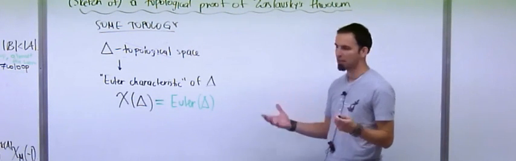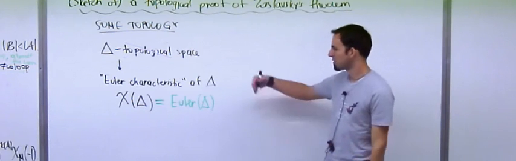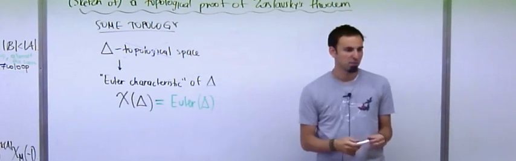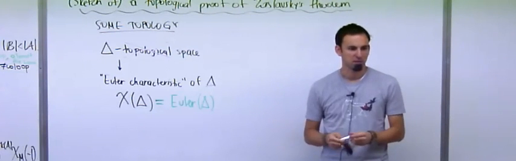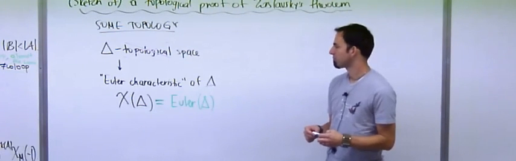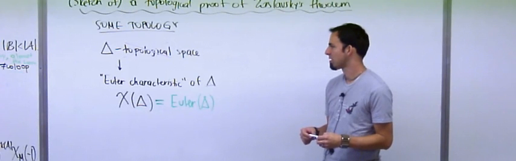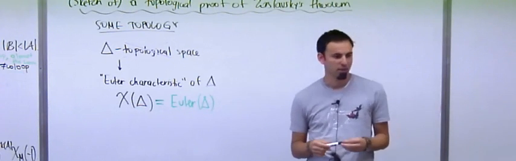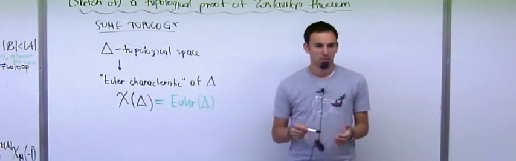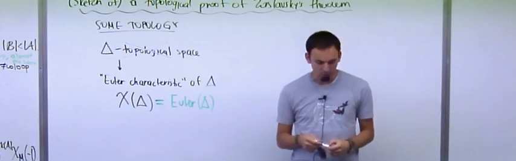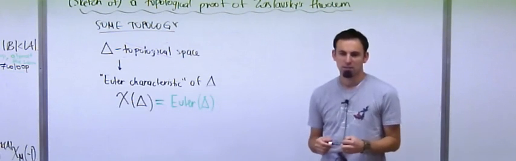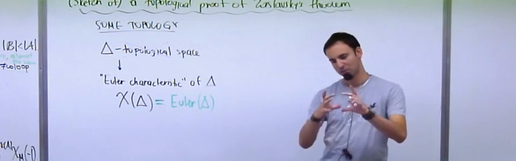Now, what's the idea here? The idea is that topologists study topological spaces, and they want to know how to tell two spaces apart from each other. There's that dumb joke about topologists that they're the people who can't tell their donut from their coffee cup. And the idea is that topologically, a donut is the same thing as a coffee cup.